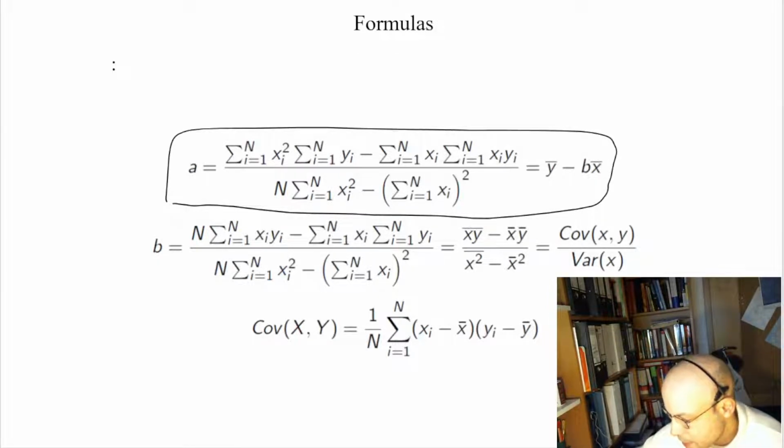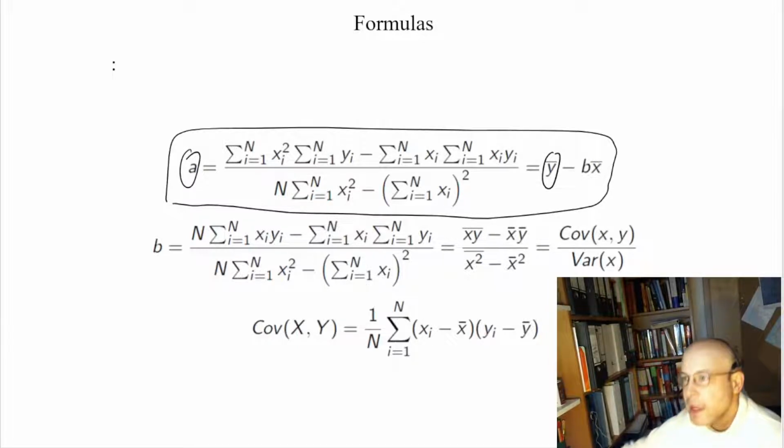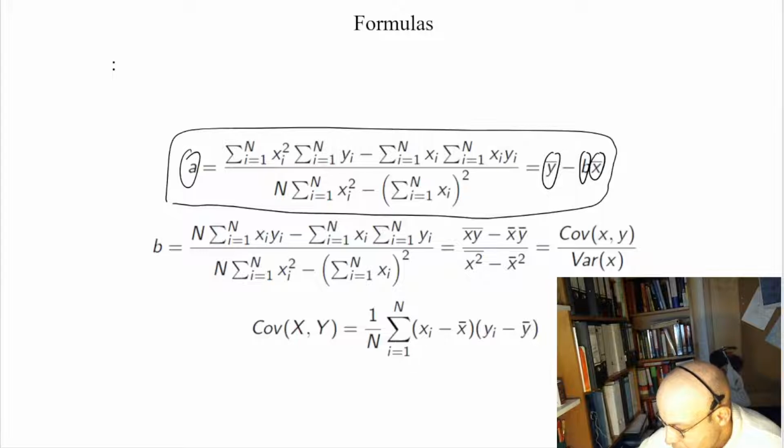And the nice thing is also that we can show that A is just equal to the average of our data points for the dependent variable minus the slope times the average of the data points for the independent variable.